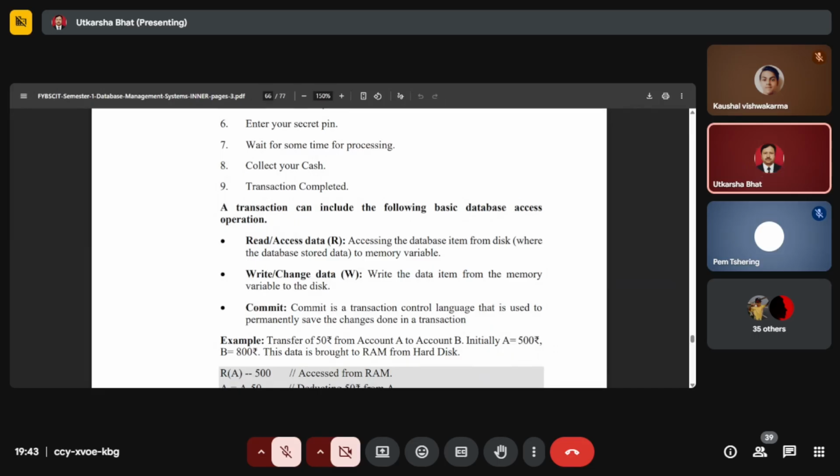Then write, change data: we can write, we can change. Write data item from the memory variable to the disk.